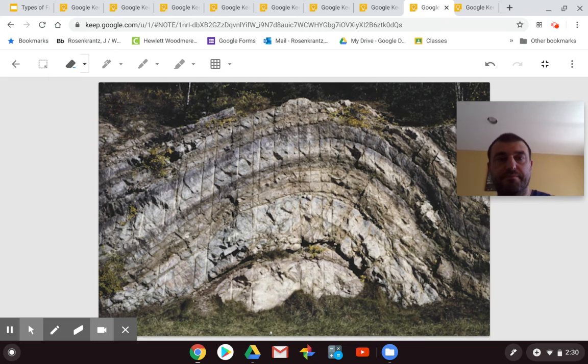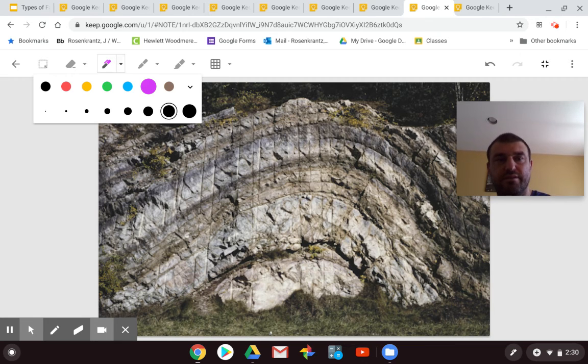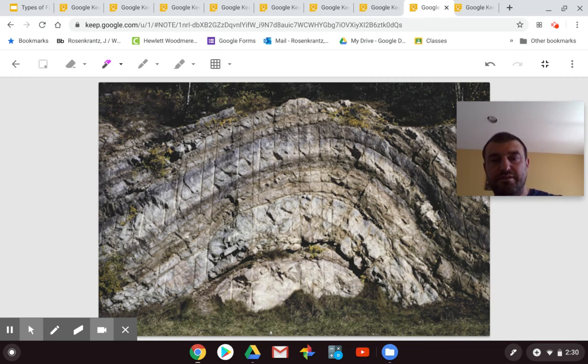All right. Let's draw it here instead. So here, see this fold. If this was a face, it has a frown. So if it makes a frown, anticline. Anti sounds like upset anyway, right? Anti anything, you're not going to be happy.